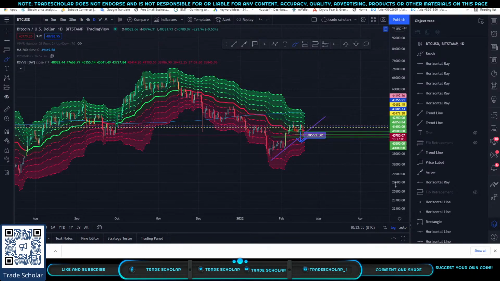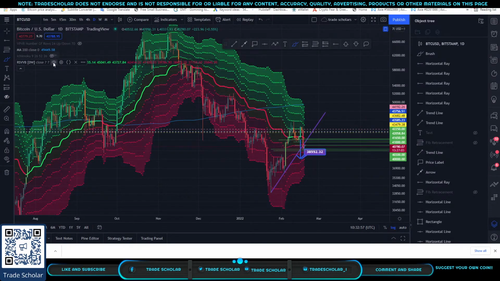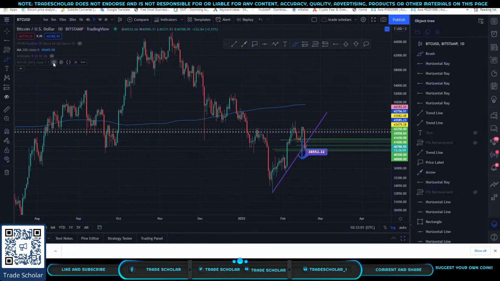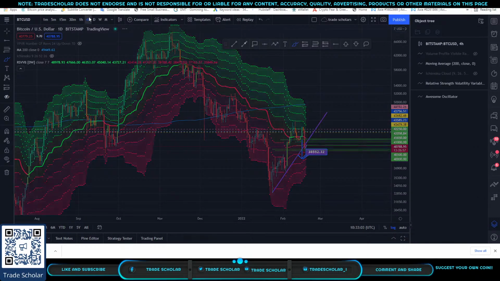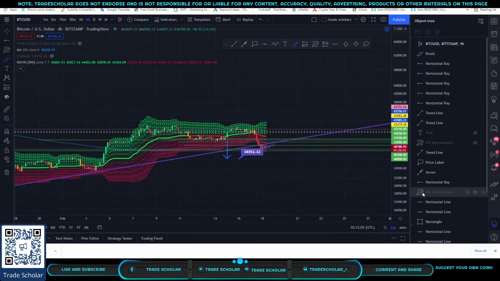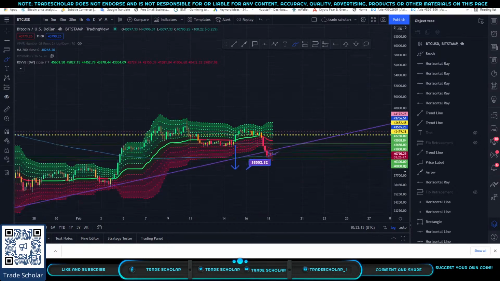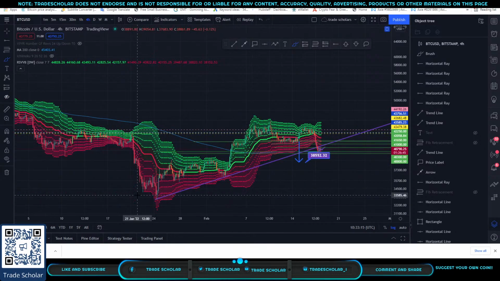Then from this daily time frame right here, let's check the Caterpillar in 4 hour. In our 4 hour, we found also support here. So we are bouncing again and going back on track.